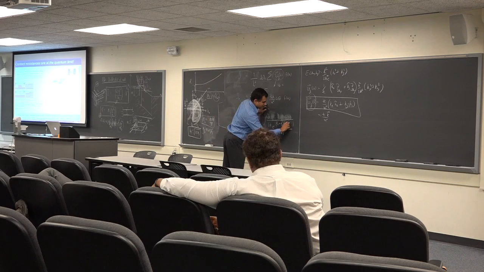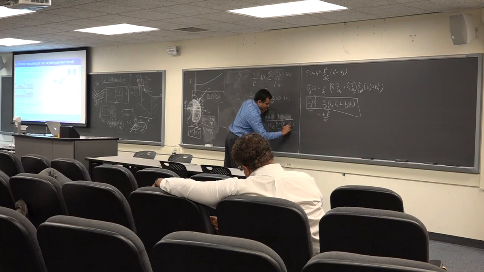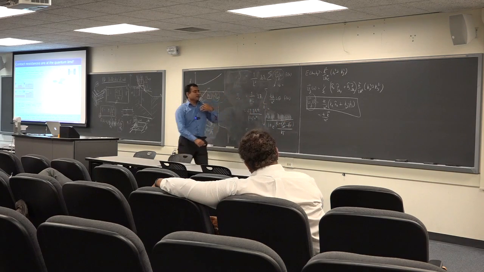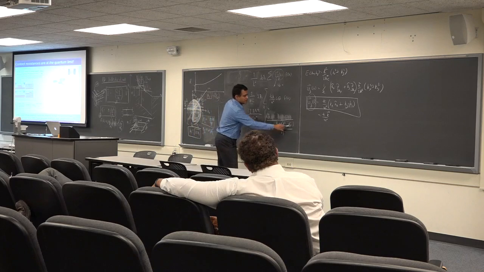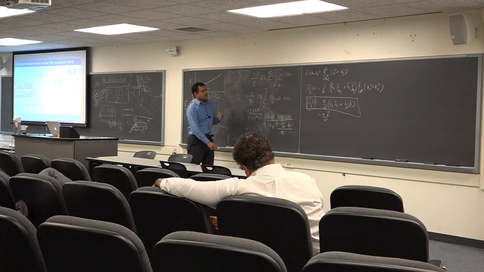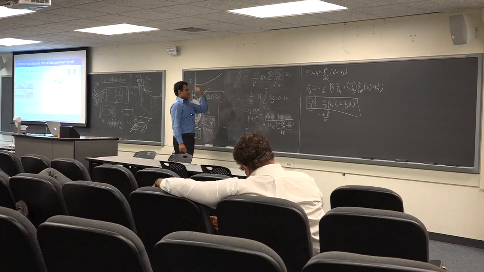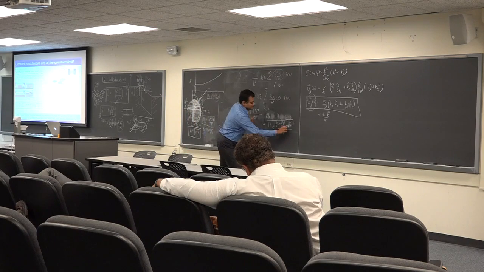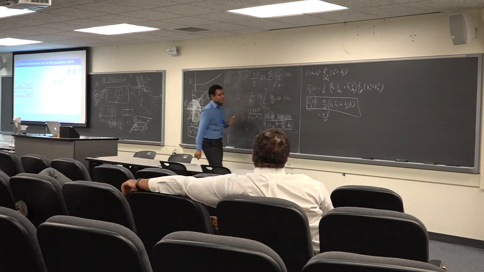But in general, what I will write is some Fermi energy here, but that Fermi energy is that of the source, because the source is the left contact, and I'm going to assume I have connected it to the left contact.